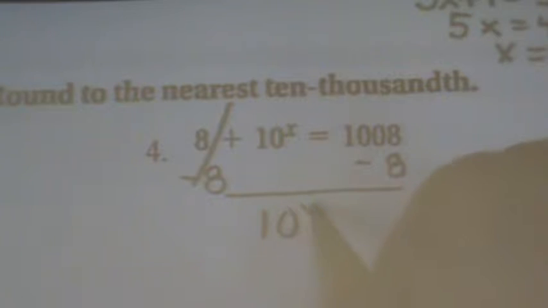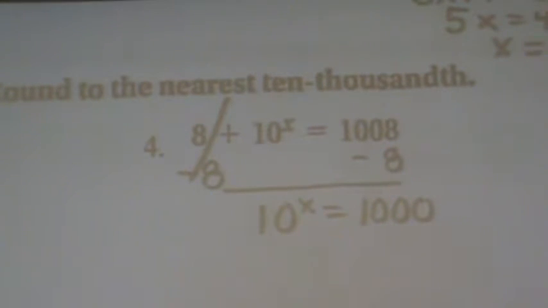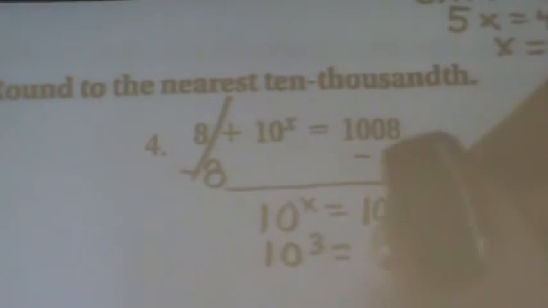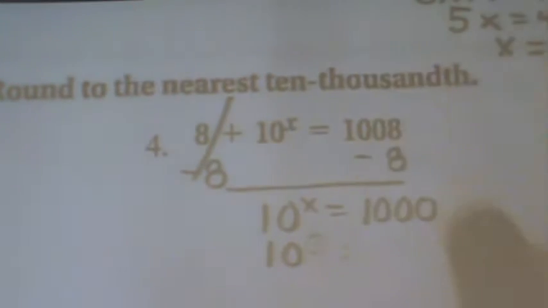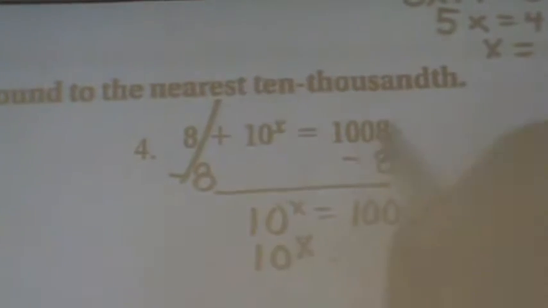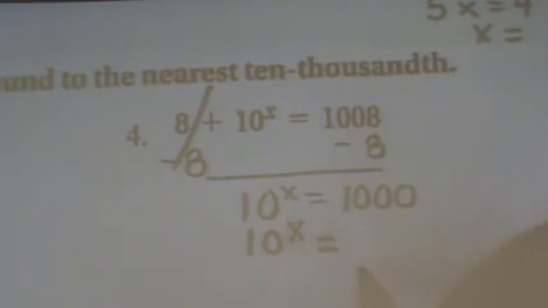Now the first thing you should look for is, can you rewrite both sides in the same base? First use your brain before technology. That's the rule of thumb. Brain comes first. How do you write 1,000? 10 to the 3rd. There you go.